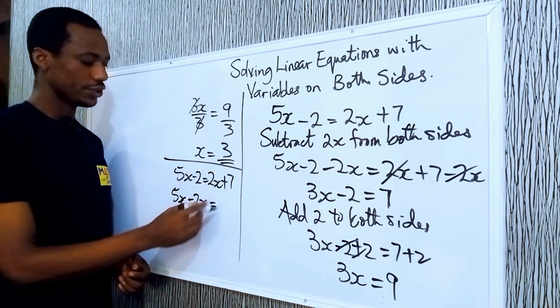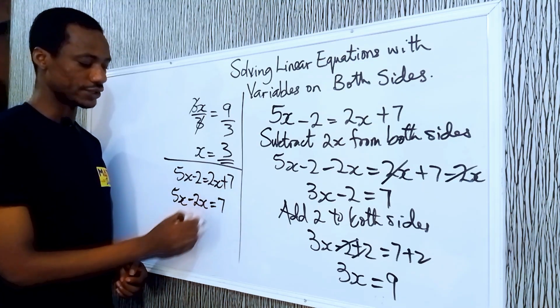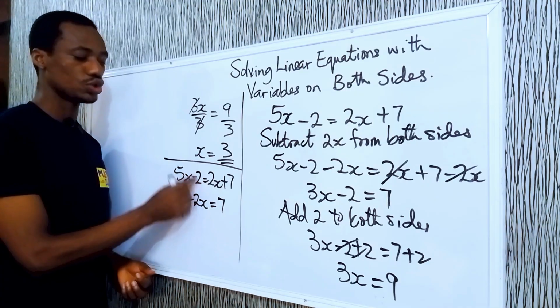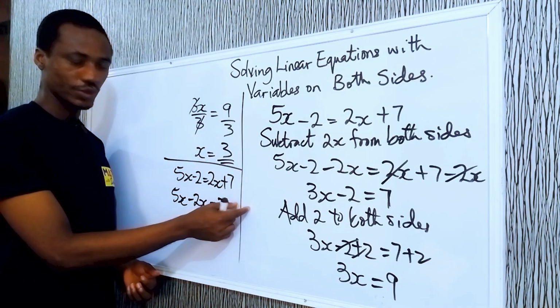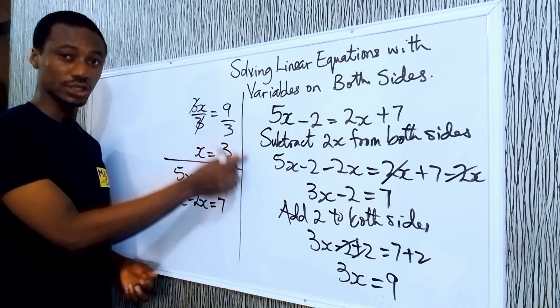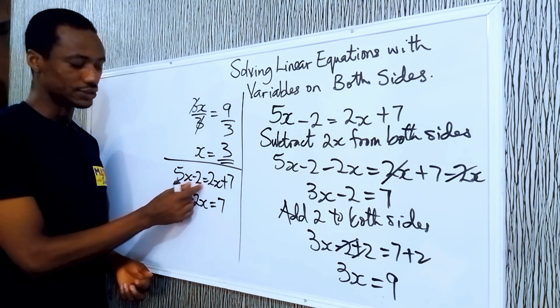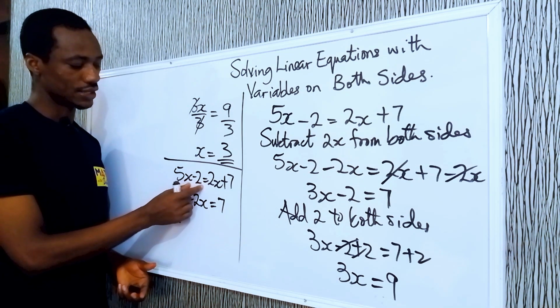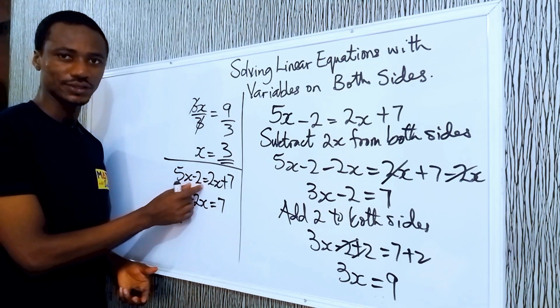Here we have 7 already, a positive 7. And then we're taking this negative 2 to the other side. You know that for us to eliminate a negative, we have to add. So that means we are adding 2 to both sides.